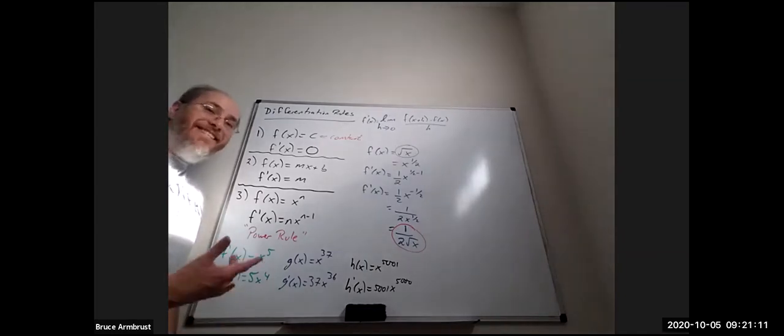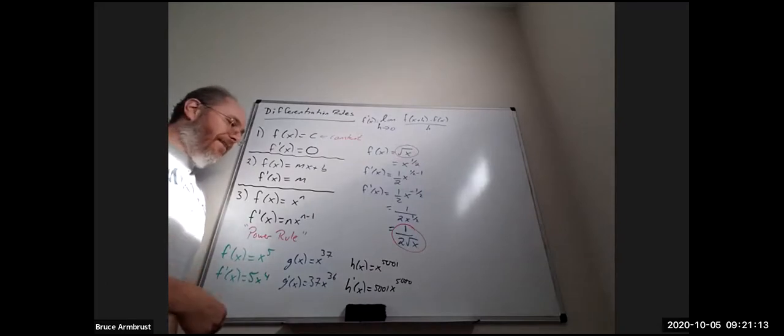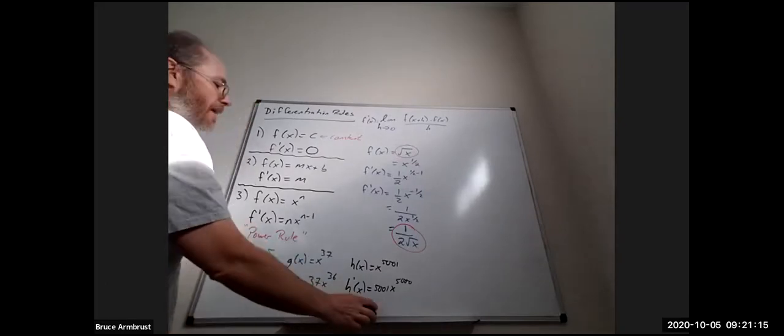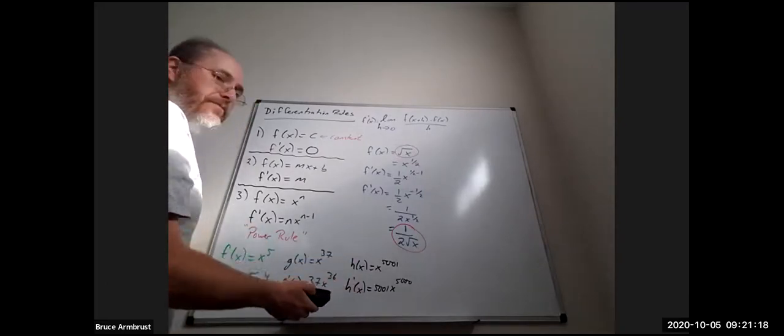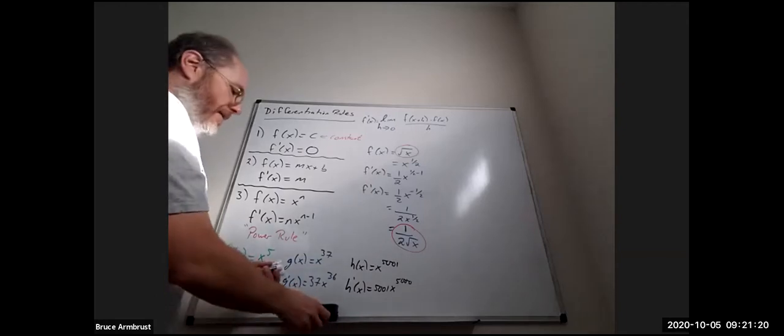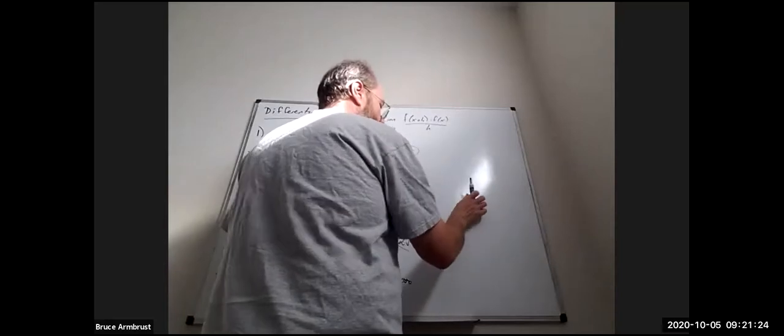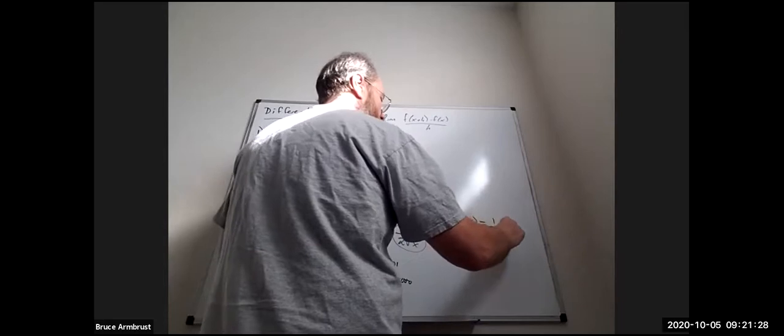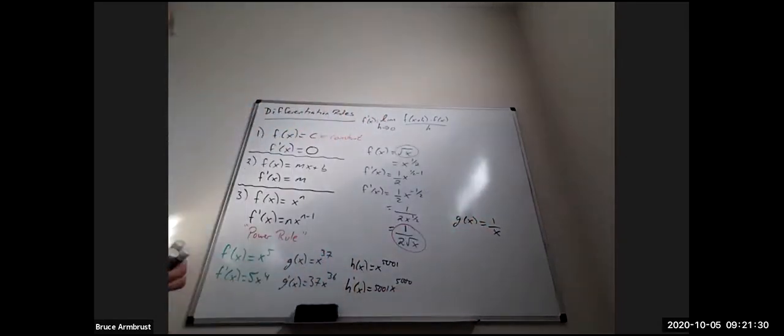Okay, that's still not everything. Let me show you another one that you might not expect that this works for. How about this guy? What if I told you, let's find the derivative of g of x equals 1 over x. So that's another function I know that we've done.